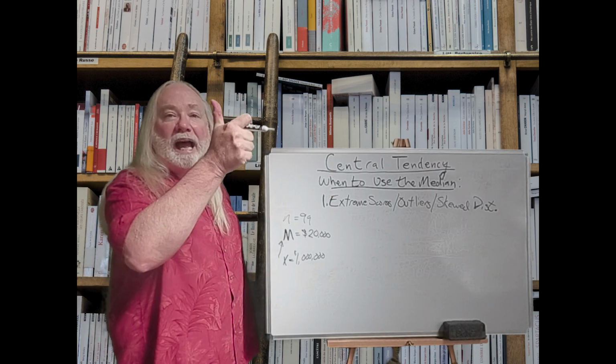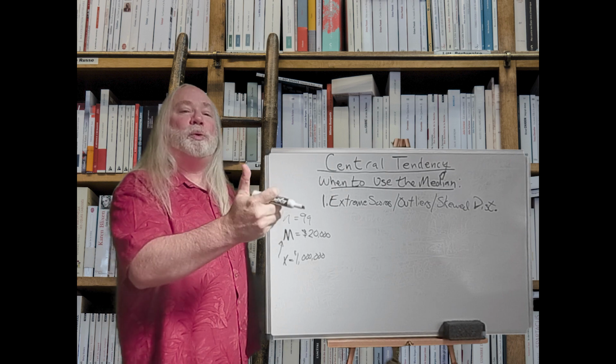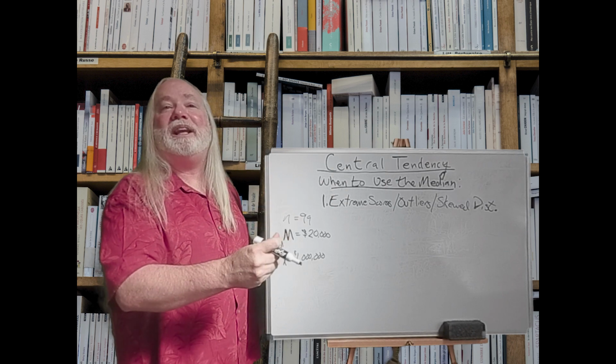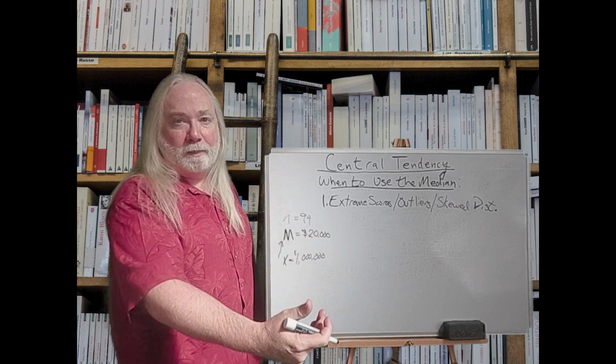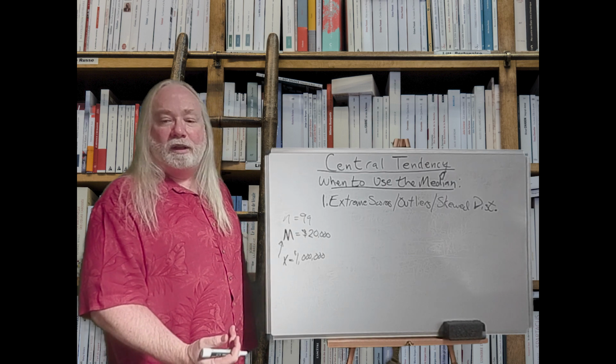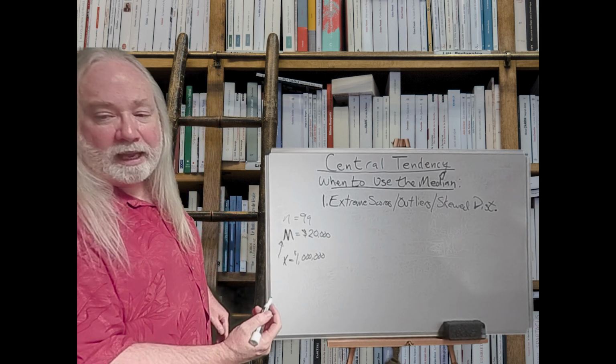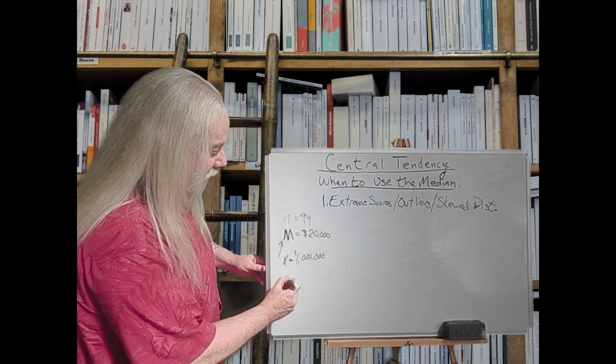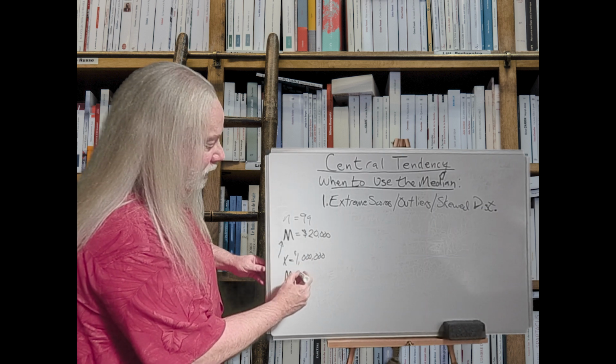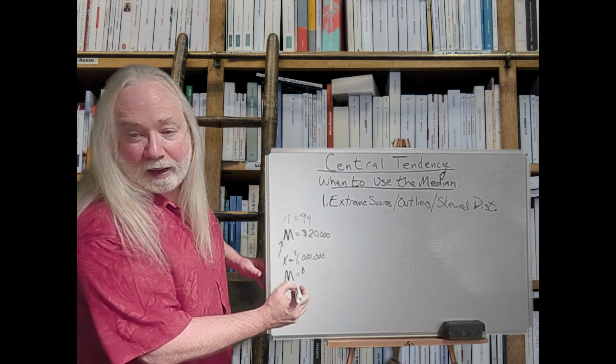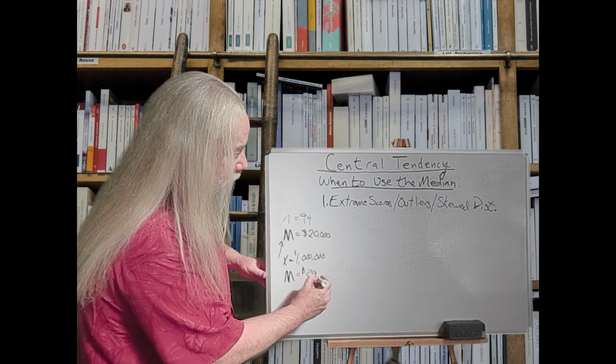The mean is going to skyrocket. 20,000 plus 20,000, 99 times, plus $1 million, divided by 100. The new mean with this millionaire in it would be 29,800, almost $30,000.